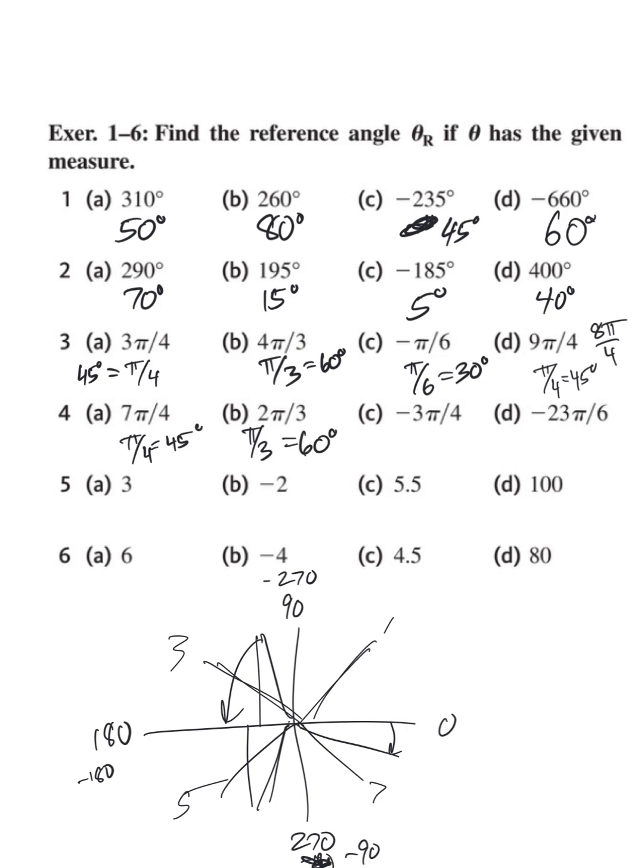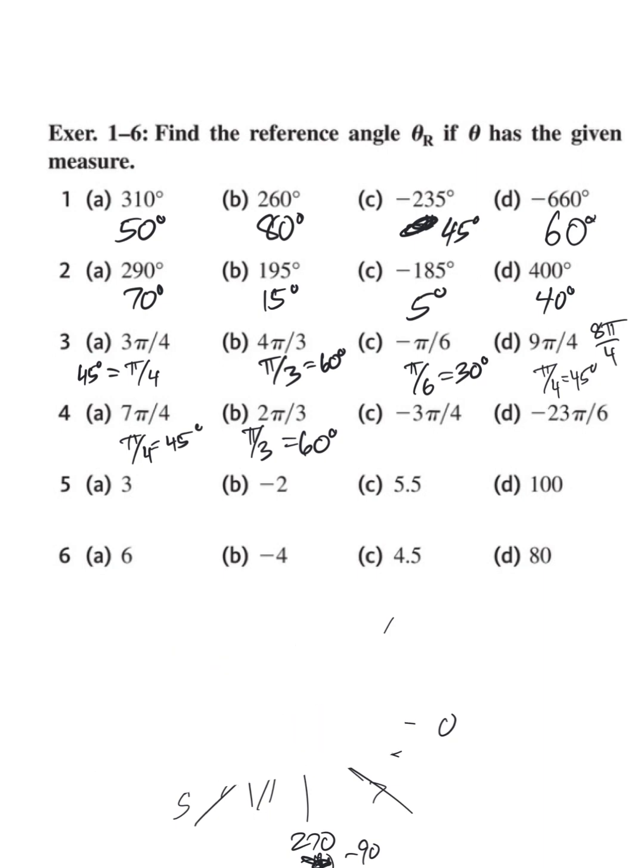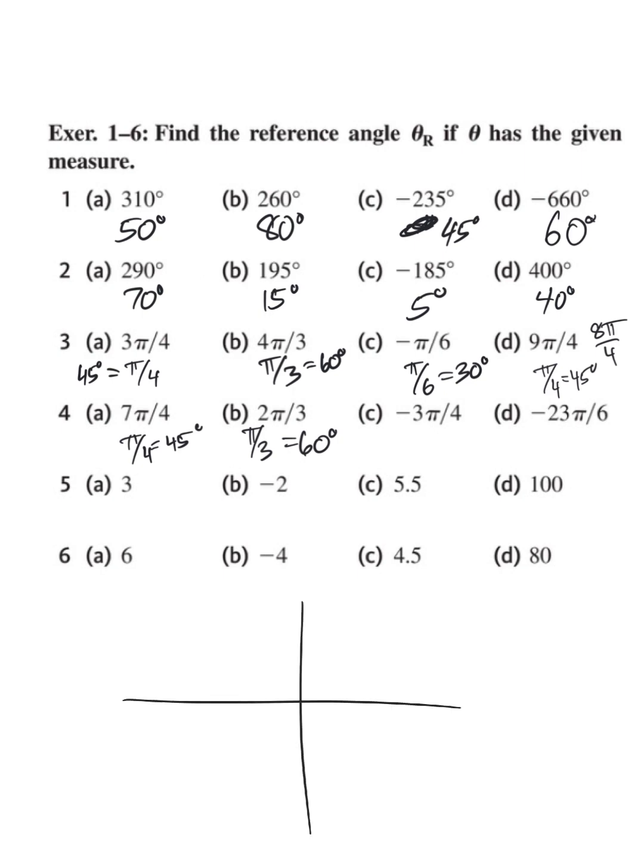Negative 3 pi over 4, so 1, 3. Let's get rid of all this again. And we have negative 3 pi over 4, 1, and 3. So we have a pi over 4 reference again, or 45 degrees. Negative 23 pi over 6.